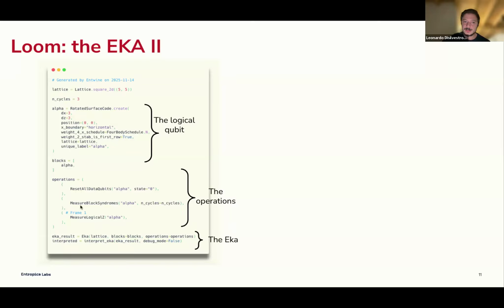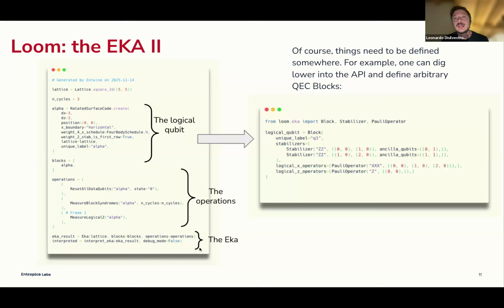If you note, this measure block syndrome takes as input the number of cycles, so this is happening 3 times. The reason a cycle usually happens more than once is that you want to generate a logical qubit, start a clock, wait some time, and see that you still have that state at the end. And finally, we interpret it with the ECA.